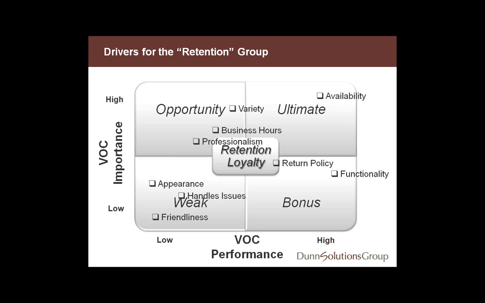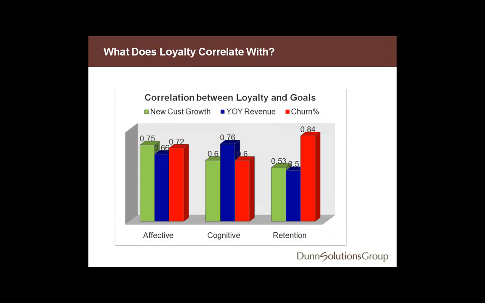What we're going to look at is an understanding of the business goals and the loyalty dimension, using a correlation between the two over a series of months. So now that we have the key drivers of loyalty, it is important to identify the loyalty dimension that is in line with the goals of your company.